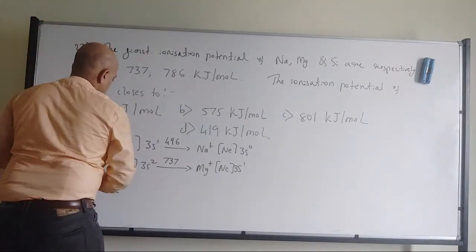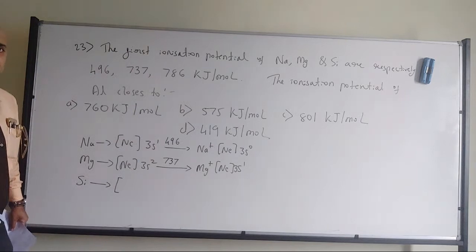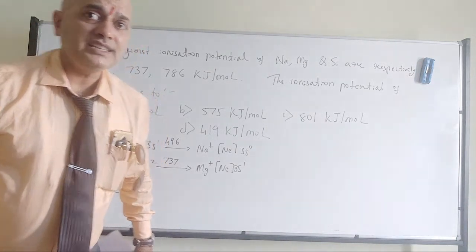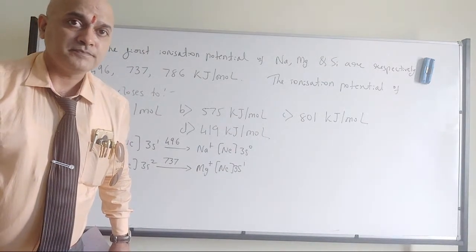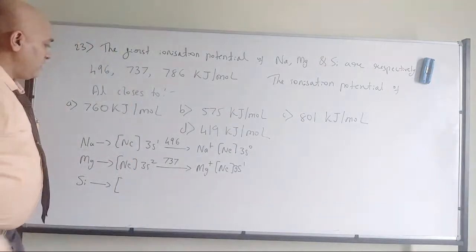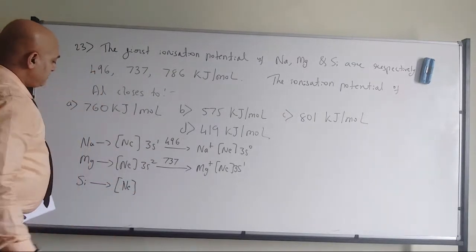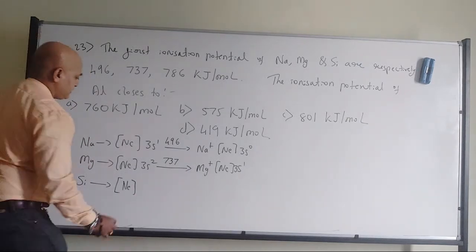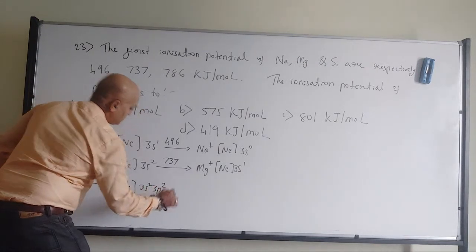Yes, very good. So we can take the help of which inert gas? Yes, neon. So if you write it with neon, it will be neon 3s2, 3p2.